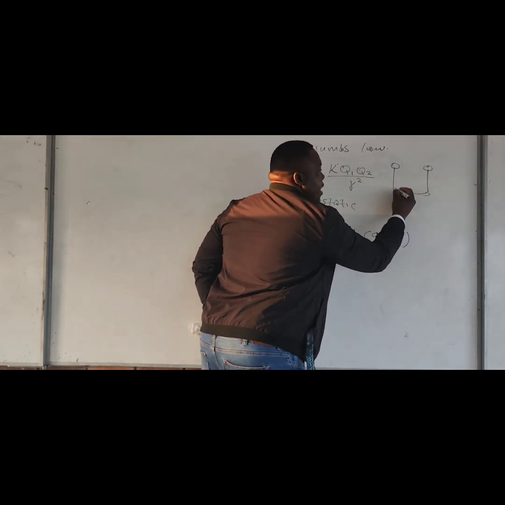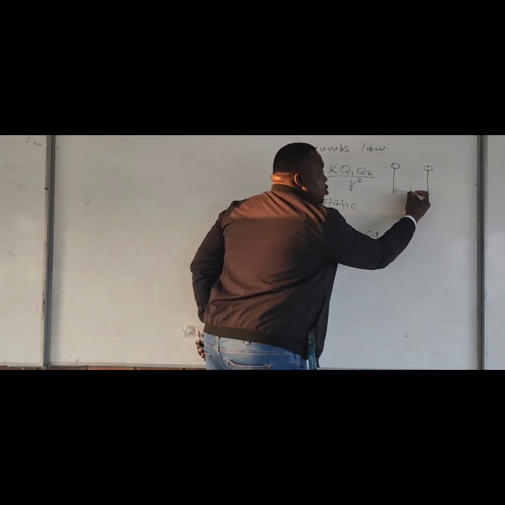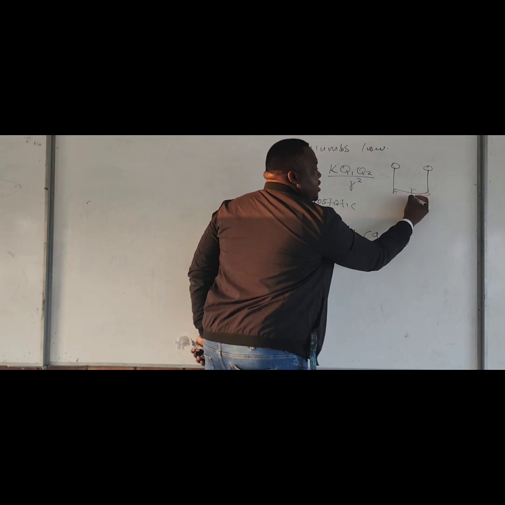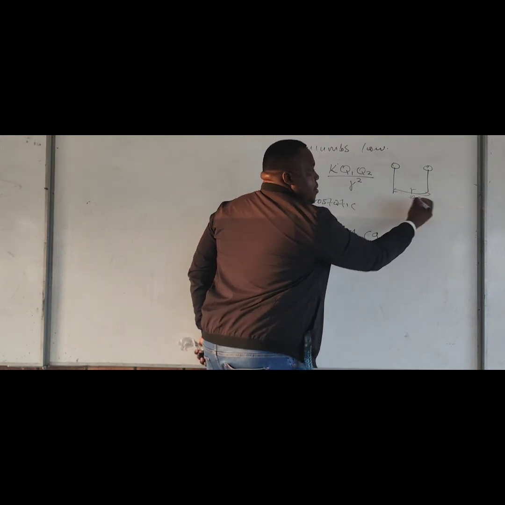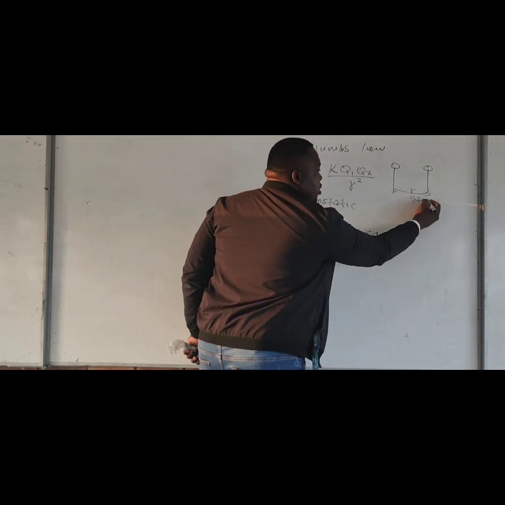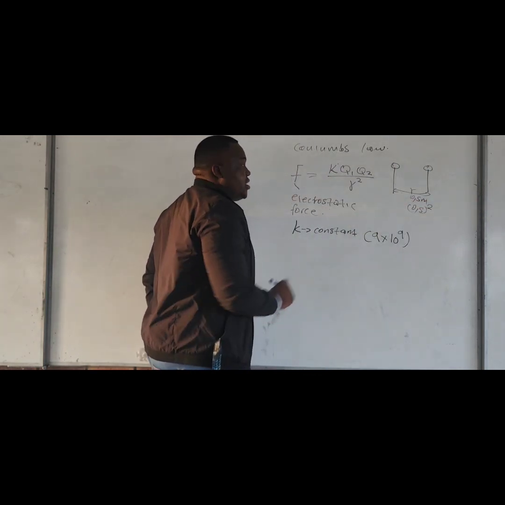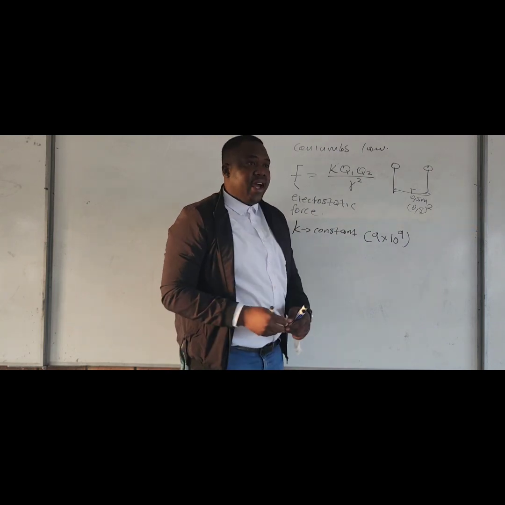R squared is the distance between the two spheres. So the distance between these two spheres, let's say, is 0.5 meters. It means we're going to write 0.5, then we square it, as the formula states. You can see, right? Yes.